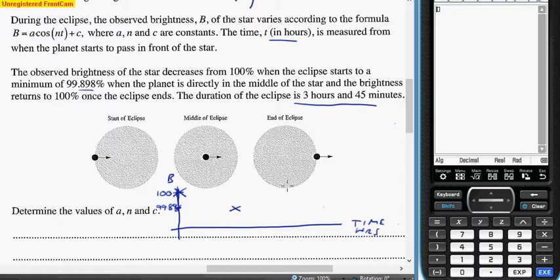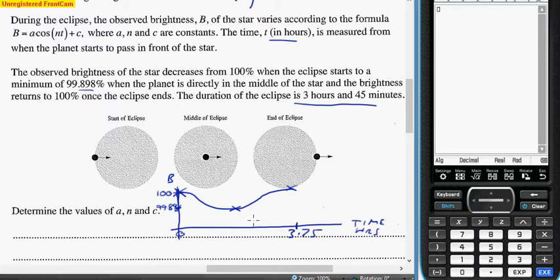Now that end is after 3 hours and 45 minutes, but measured in hours, 45 minutes is 3/4, that's 3.75 hours. It's a cosine curve, it goes down to there and up to there again. That's a pretty ugly drawing, but hopefully you get the idea.